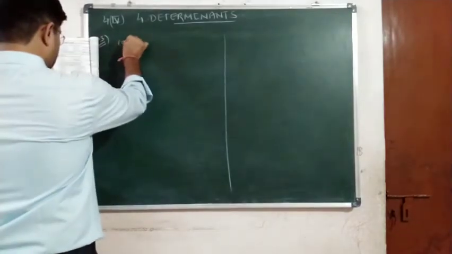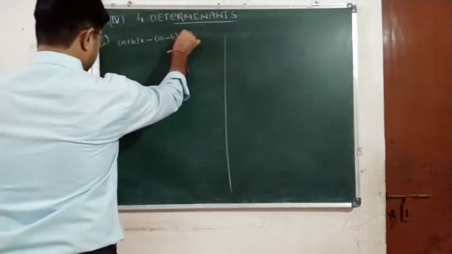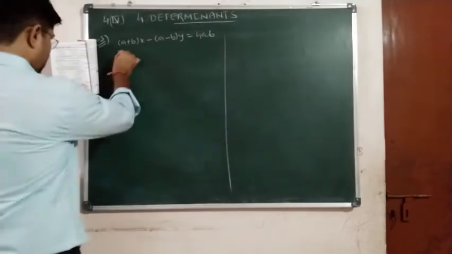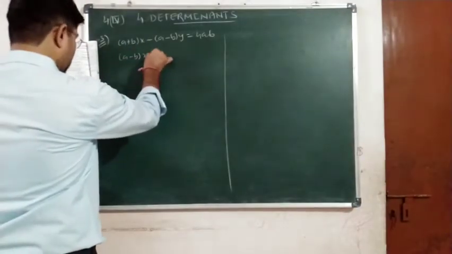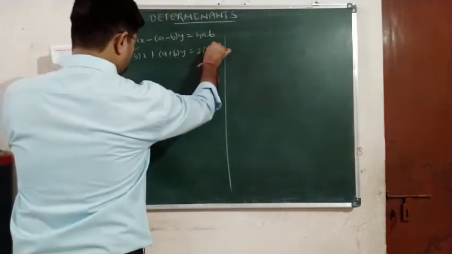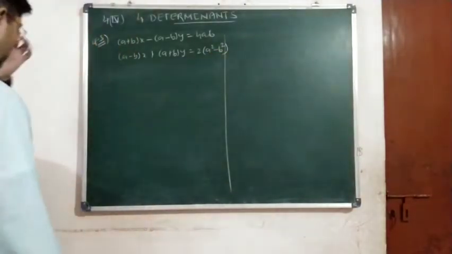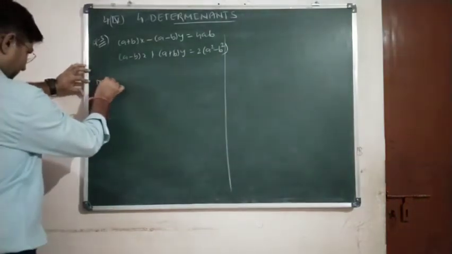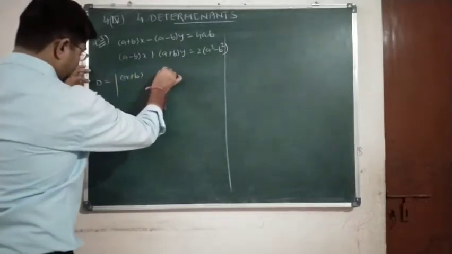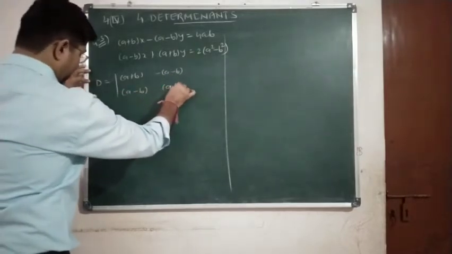The equations given are (a plus b) into x minus (a minus b) into y equal to 4ab, and (a minus b) into x plus (a plus b) into y equals 2 into (a square minus b square). So we have to use Cramer's rule. We will find out D, Dx and Dy. D is the determinant with a plus b, minus (a minus b), a minus b and a plus b.